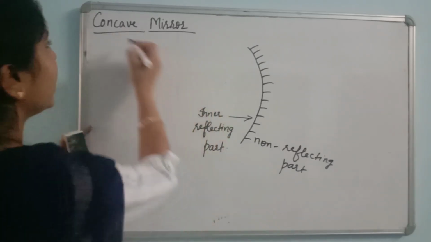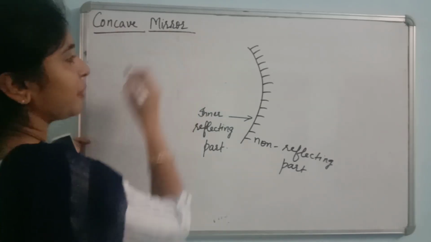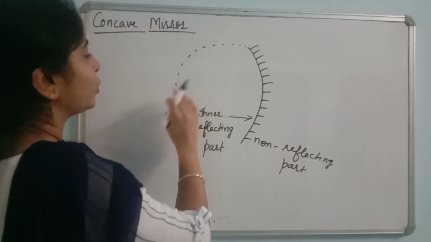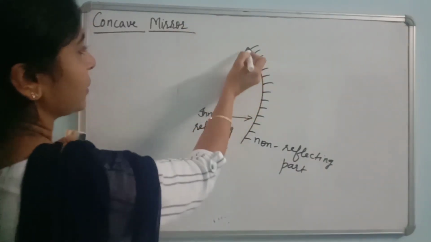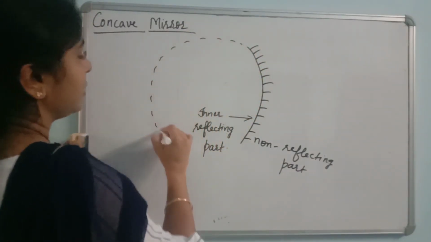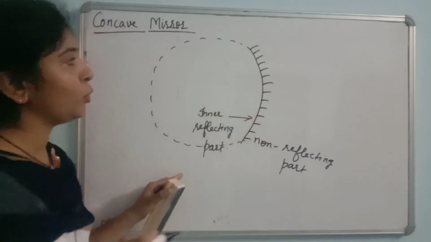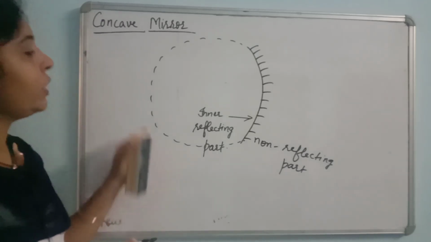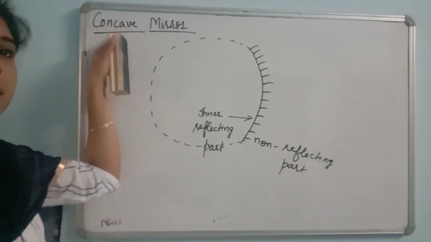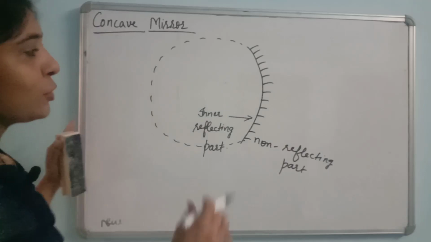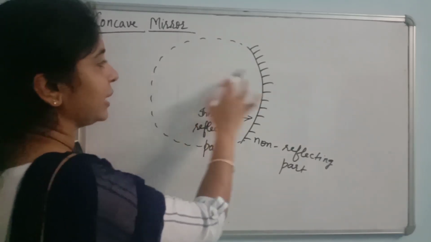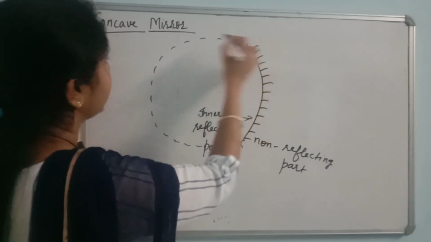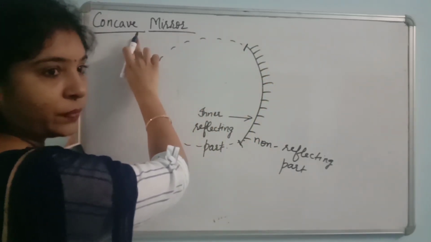And why do we say it is a spherical mirror? Because we consider that it is a part of an imaginary sphere. If the inner part of this sphere is reflecting, then this curved surface is the concave mirror.